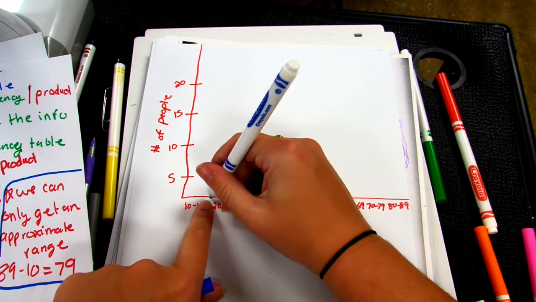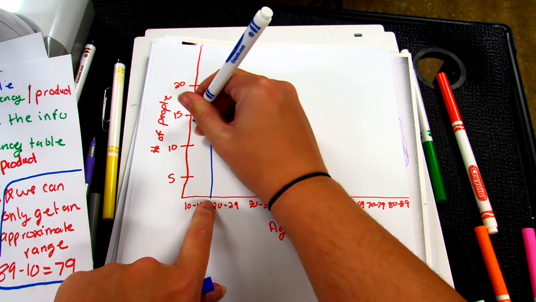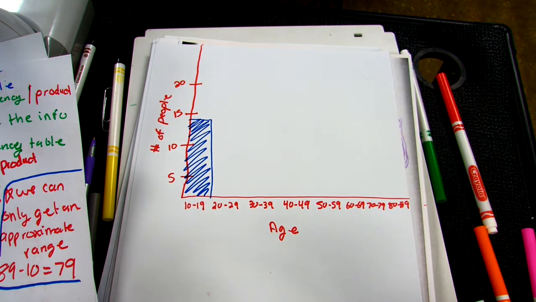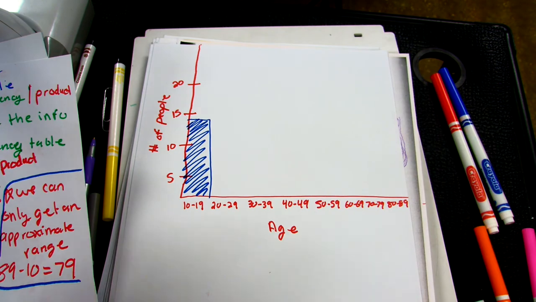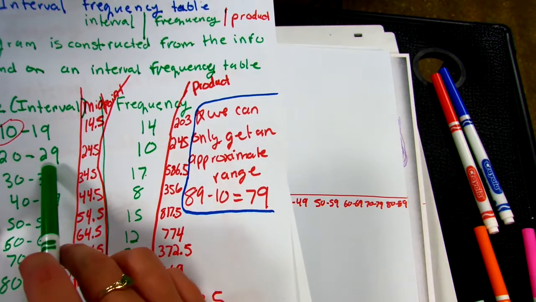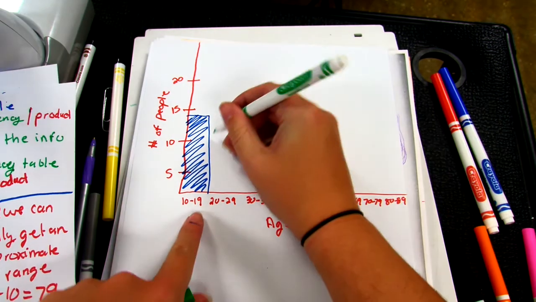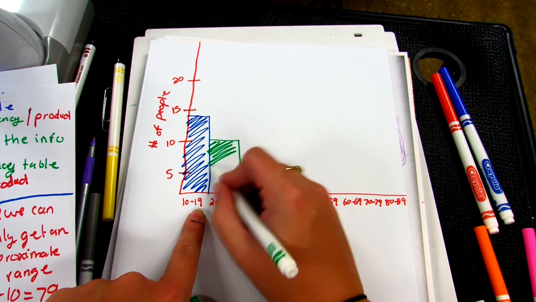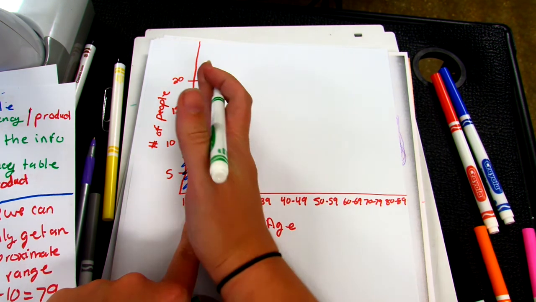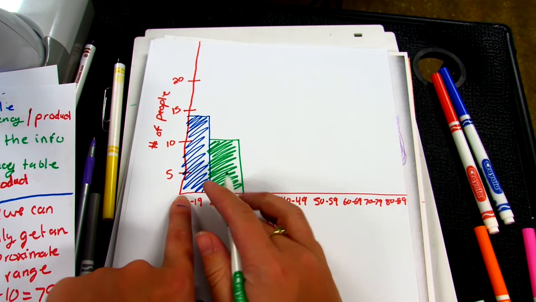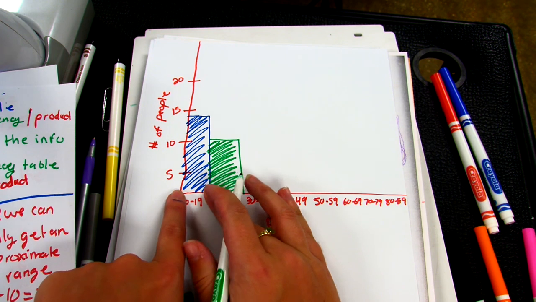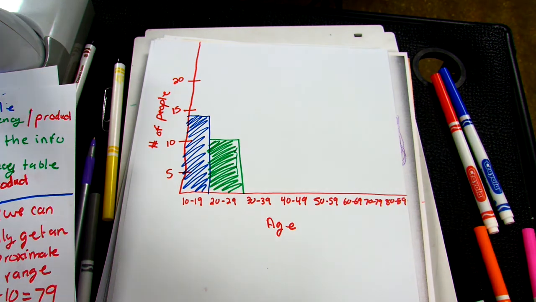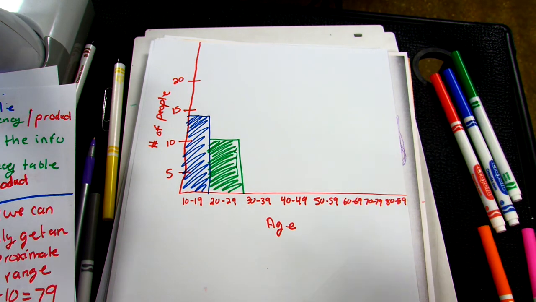So we're going to go all the way up to 14 and color that in. The age 20 to 29 had 10 people. So we're going to go to 10 and shade in. Notice how my vertical bars are right next to each other, because it shows that this is all the numbers between 10 and 19. This is all the numbers between 20 and 29. We're not leaving anything out. Our intervals go back to back.